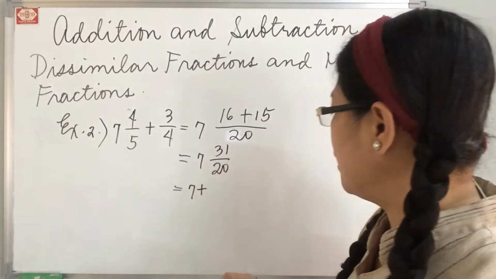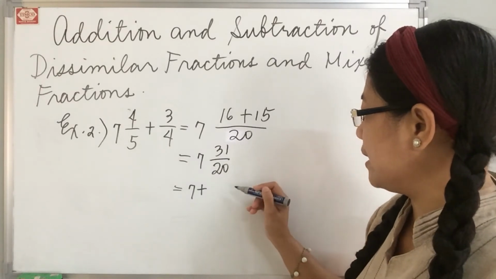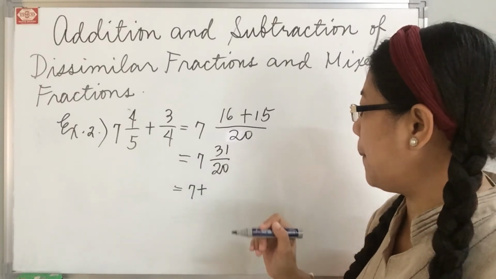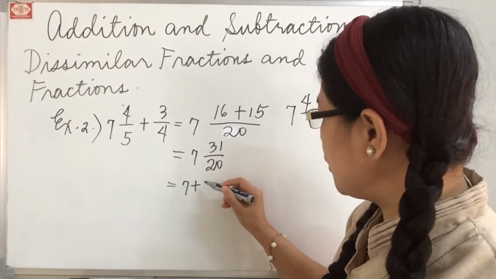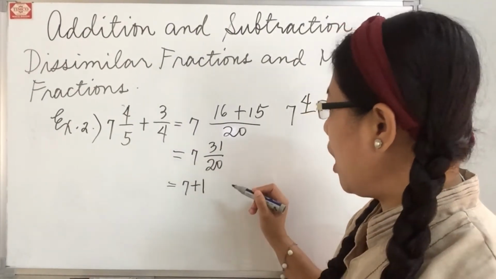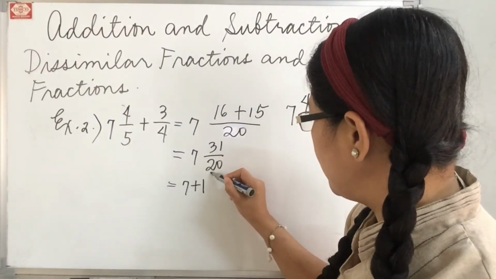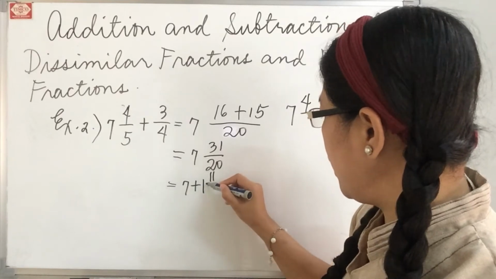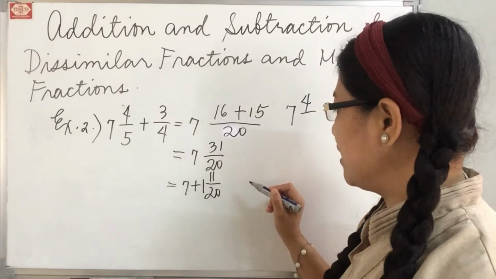Then let's add the mixed fraction form of 31 over 20. So how many 20 can we get from 31? So we have 1. Write it as a whole number. And how many were left? We have 11. So write it as a numerator and copy our denominator, which is 20.